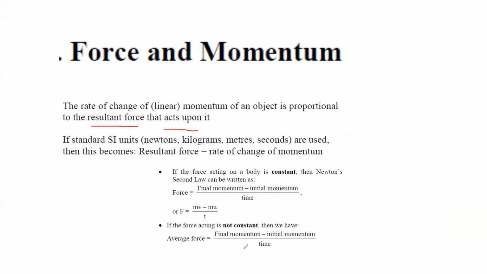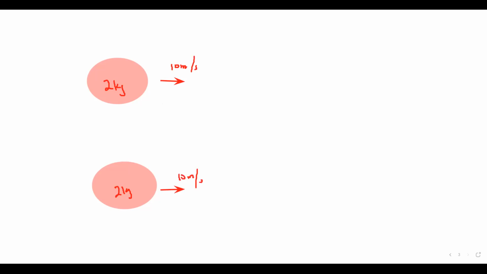So for example, we have two objects which have the same mass. The first object is 2 kilogram, and the second object is also 2 kg. Initially both are moving with the same initial speed, 10 meter per second and 10 meter per second.